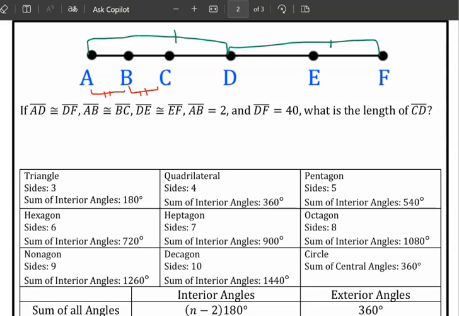DE is congruent to EF. AB equals 2, and DF equals 40. What is the length of CD?